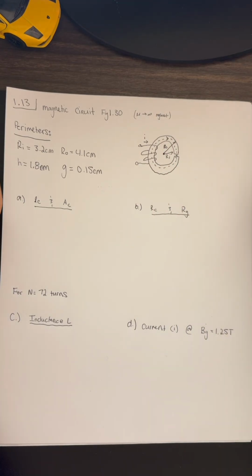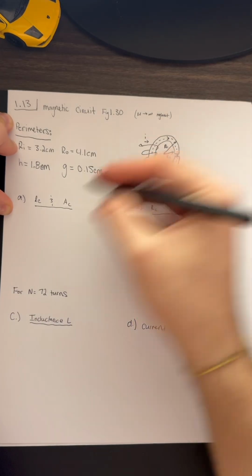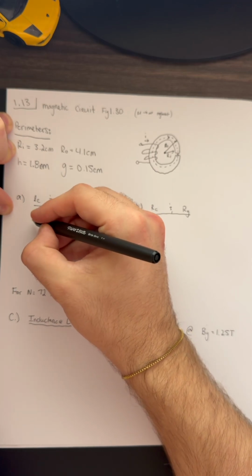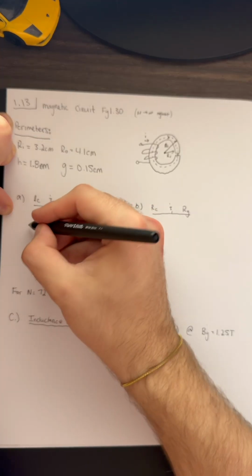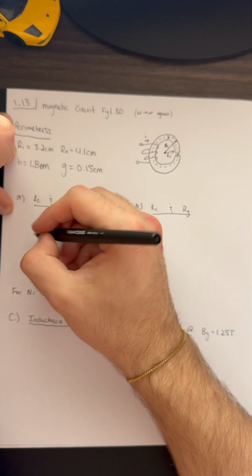So if we take Ro and Ri, the difference between the two is going to be 0.9. So the centimeters in between is going to be 0.9. Let me write this.